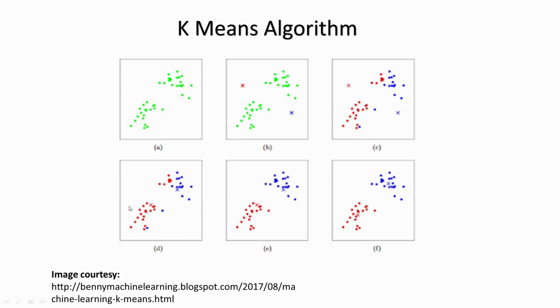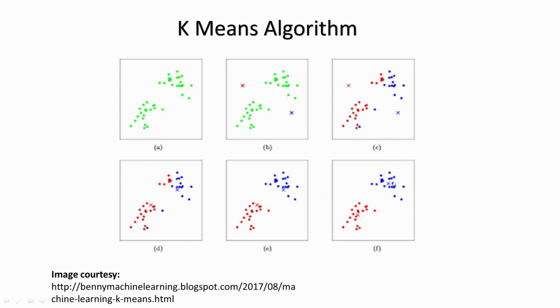Here these data points are mapped to the centroid red X because red X is closer to them, and these data points are mapped to blue X because they are closer to the centroid blue X. And then for these two groups we have determined the middle point, which is right here and here. So we have moved the centroid red X from here to here and blue X from here to here.